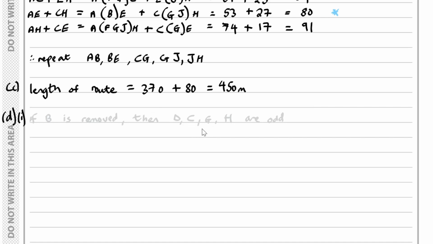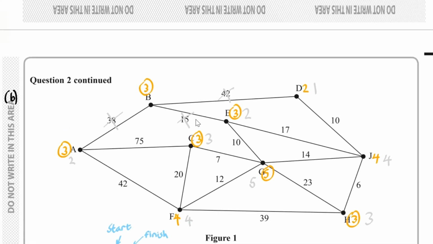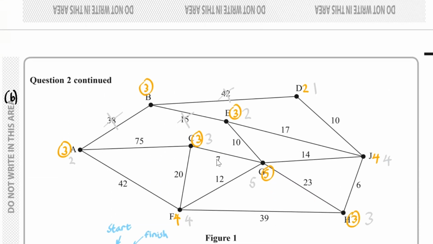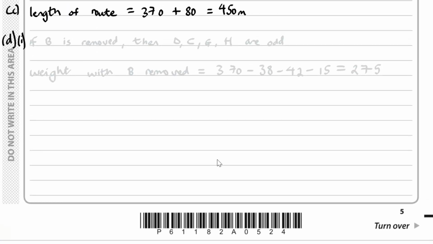And now the weight with B removed, well, we've got this 370, we have to now subtract off the 38, the 15 and the 42. So we have 370 take away 38, take away 42, take away 15. You'd find that to be 275. And with these remaining vertices, the shortest path between any two nodes, if you go back, that would be CG, which of course is 7.